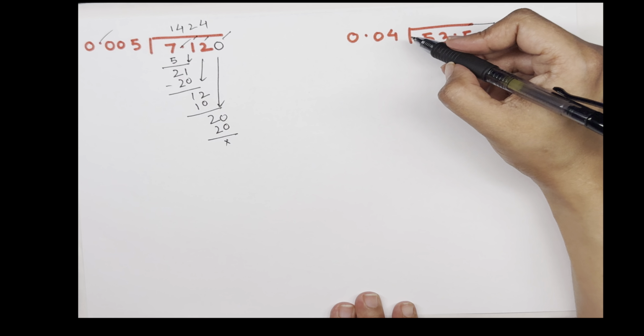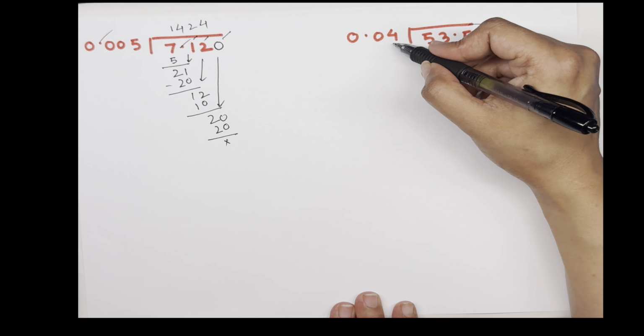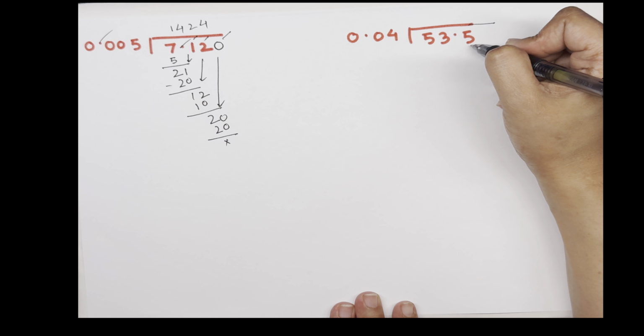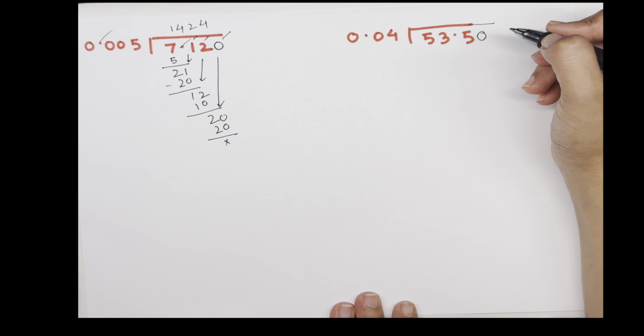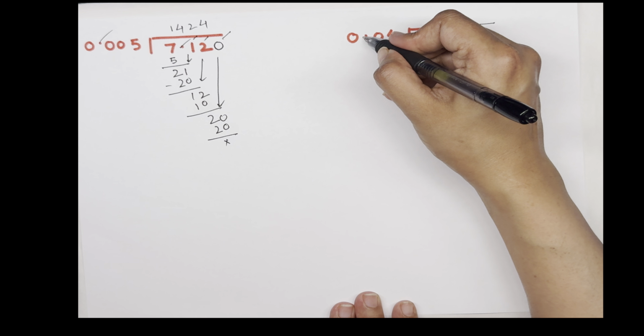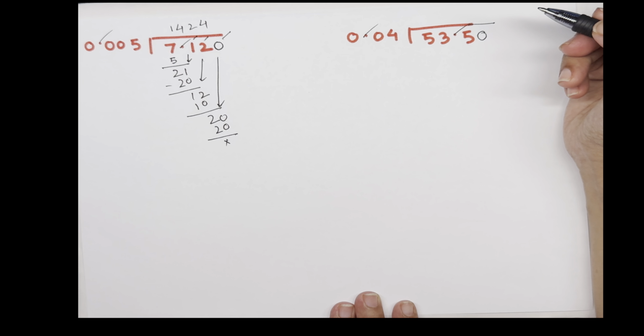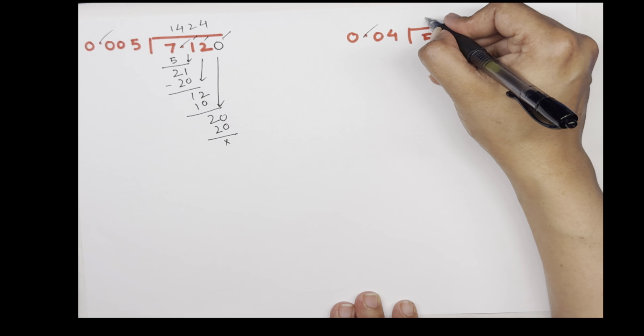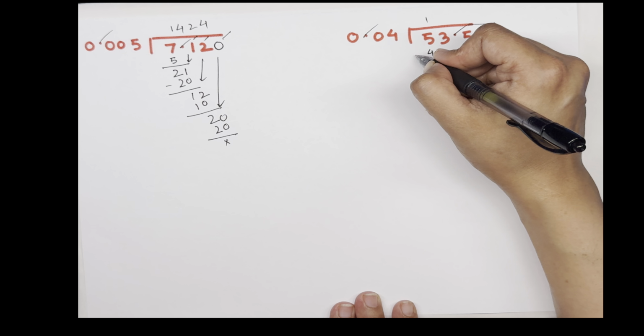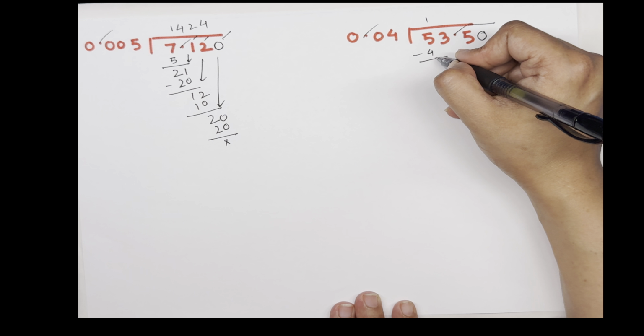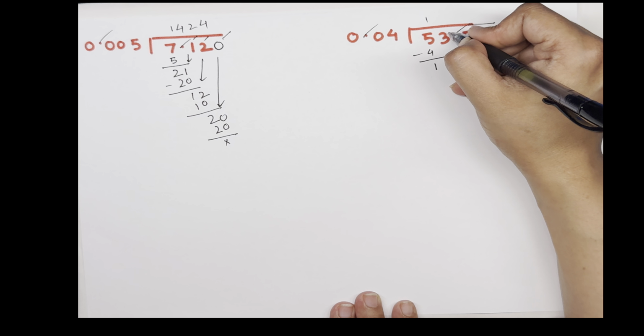Last problem. 2 digits after the decimal in the divisor, 1 digit after the decimal in the dividend. I put a 0 so that we can take out the decimal. Take it out. 5350 divided by 4. 4 times 1 is 4. Let's start dividing. 5 minus 4 is 1.